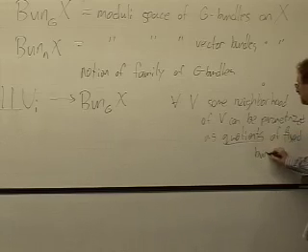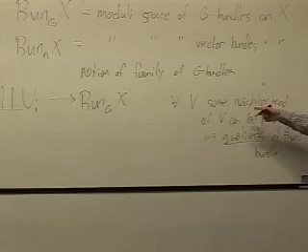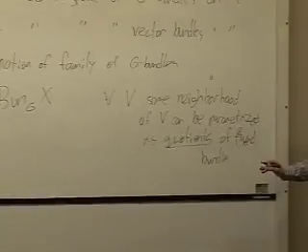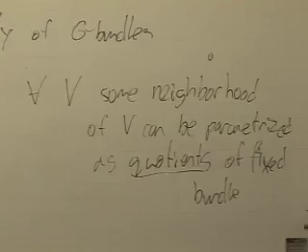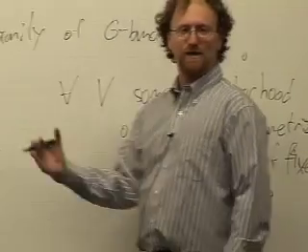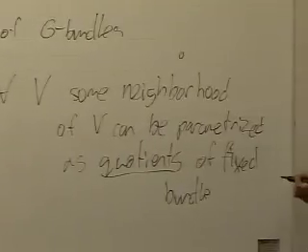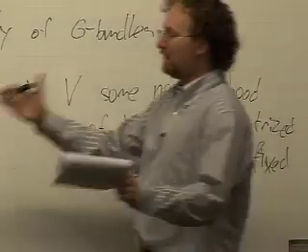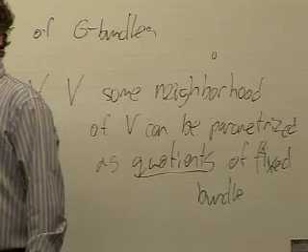So what does this mean? Any deformation of V in an open set, you can realize in terms of some nice family, which is just to take a fixed vector bundle and look at all of its quotients which are rank n vector bundles. So this is why this is a nice space, because quotients of a fixed bundle form a nice variety, and any bundle has an open piece covering it that looks like that.